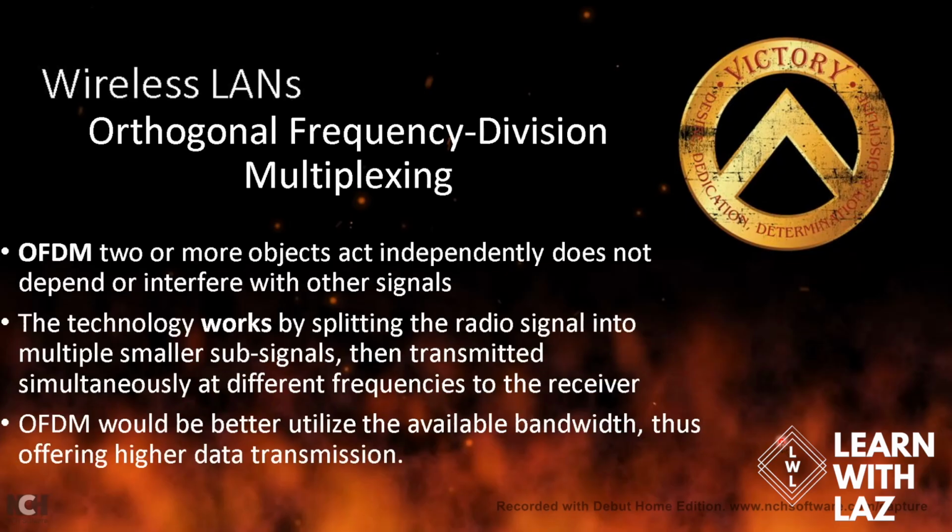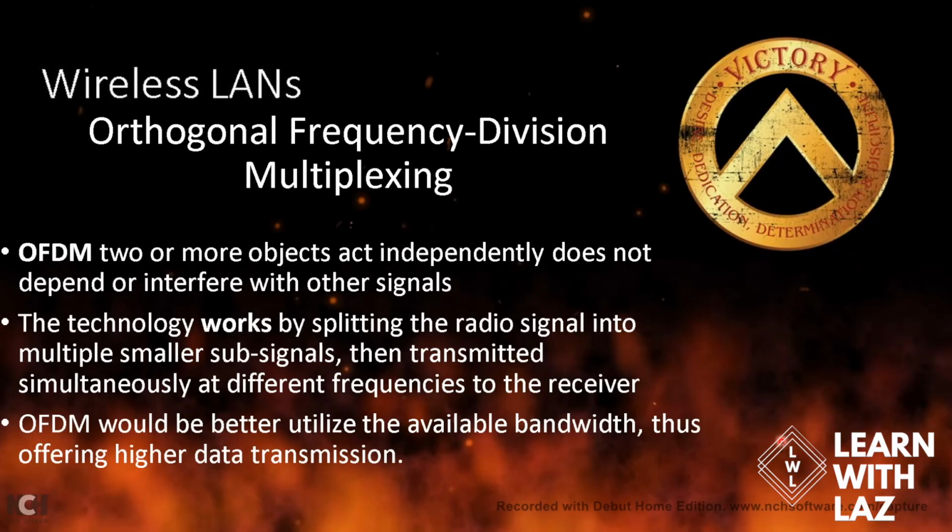Now I get into, and the first time I saw this word, I'm like, what the heck? Orthogonal, which is what we use today. Orthogonal frequency division multiplexing. What does that mean? It means two or more objects act independently; they don't depend on each other or interfere with other signals.